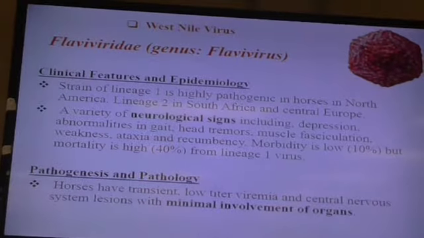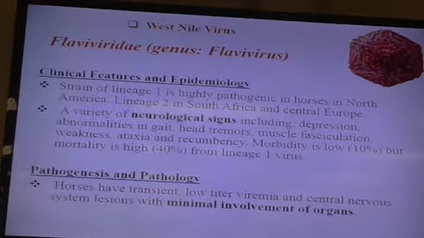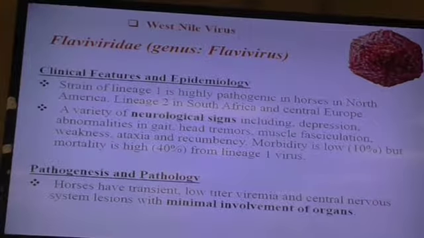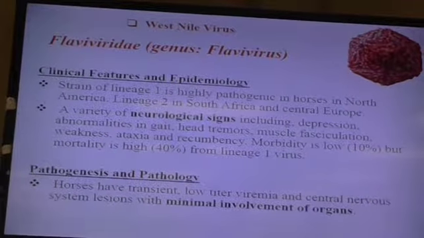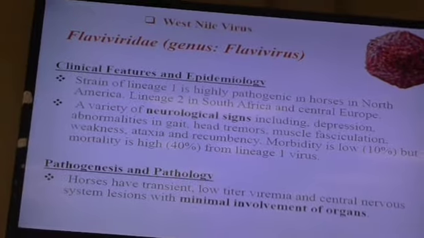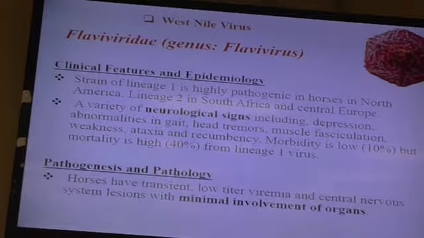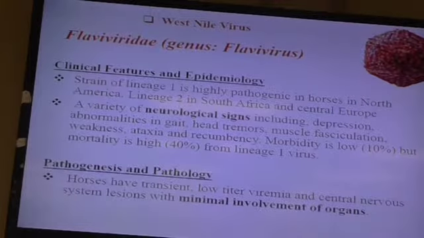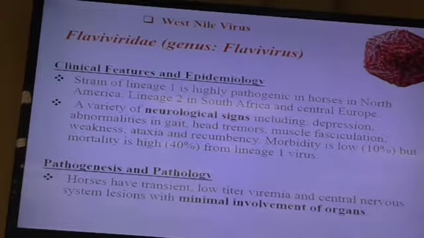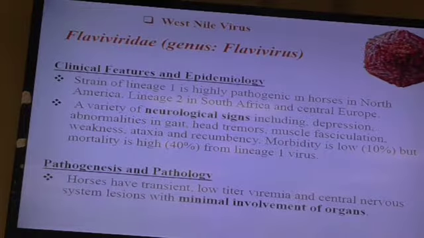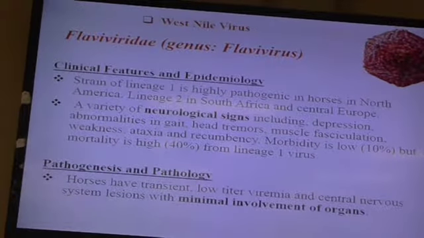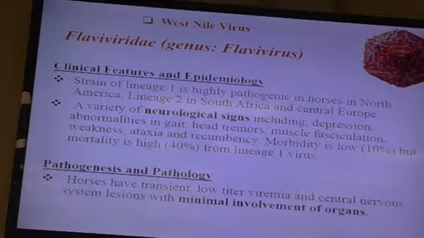Now, when it comes to neurological signs, these are signs as a result of encephalomalacia or encephalitis, which include depression, abnormality in gait, head tremors, muscle fasciculation, etc. So, various nervous or neurological signs which can occur as a result of the infection.